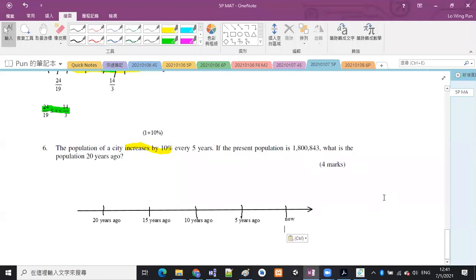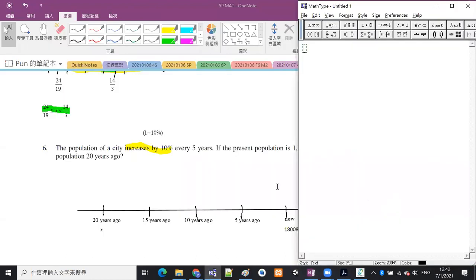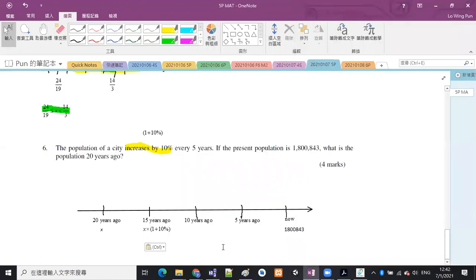And we know that now is 1800843. Now we want to find this one, so I'll let x be this one. After the first 5 years, it has increased by 10%, so it should be x times 1 plus 10%. Can you get this?